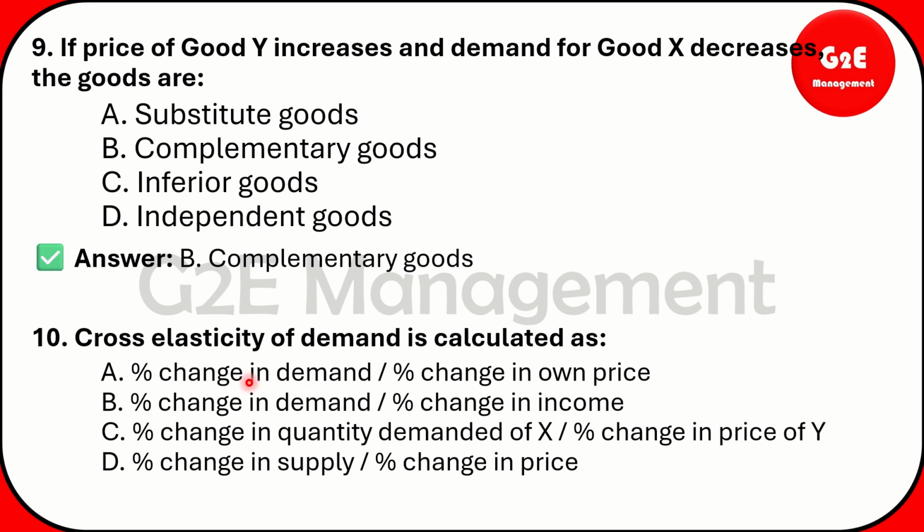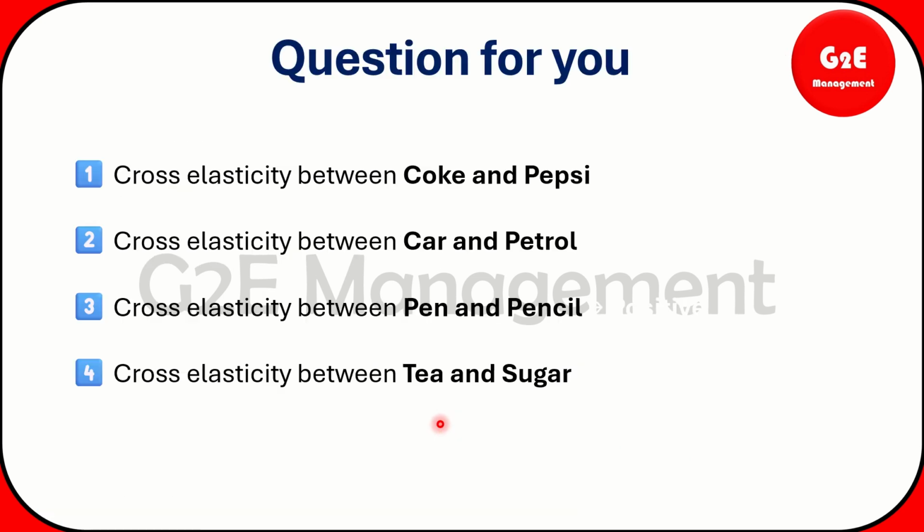The first one, percentage change in demand and percentage change in own price, is wrong. The second one, percentage change in demand and percentage change in income, is also wrong. Percentage change in demand and percentage change in price of the other good, see here, this is the correct one. The last one, changes in supply and changes in price, is wrong. So the answer is C.